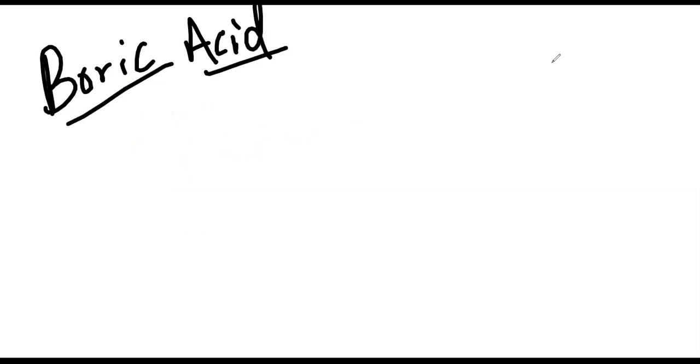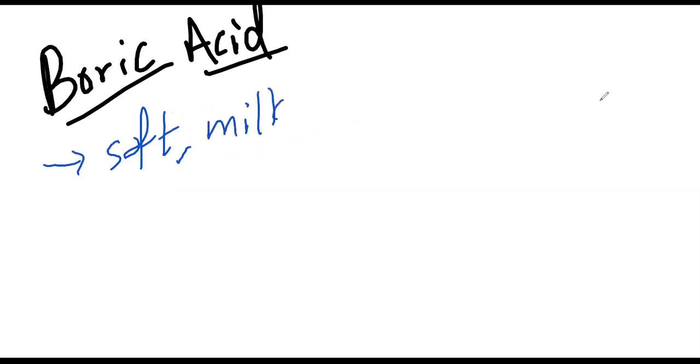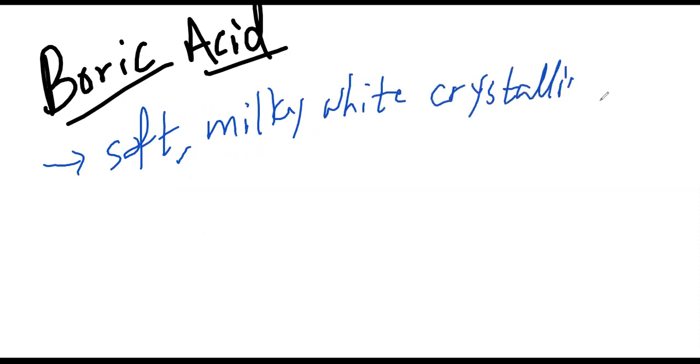Okay. So what is boric acid? It's a very soft, milky white crystalline solid. Solid, crystalline, color white, very soft, insoluble in cold water.